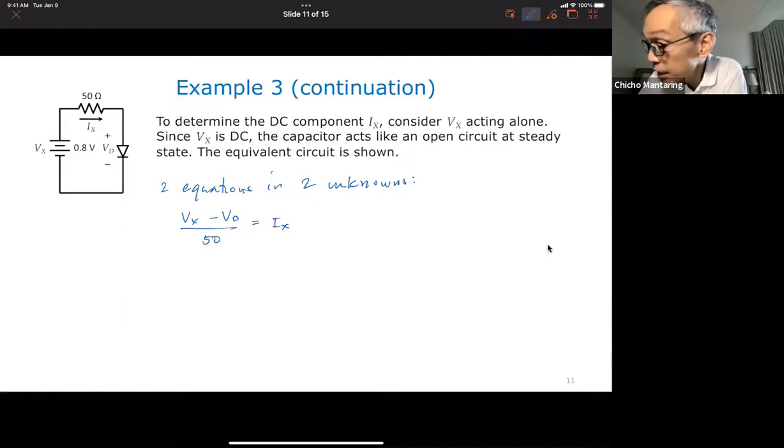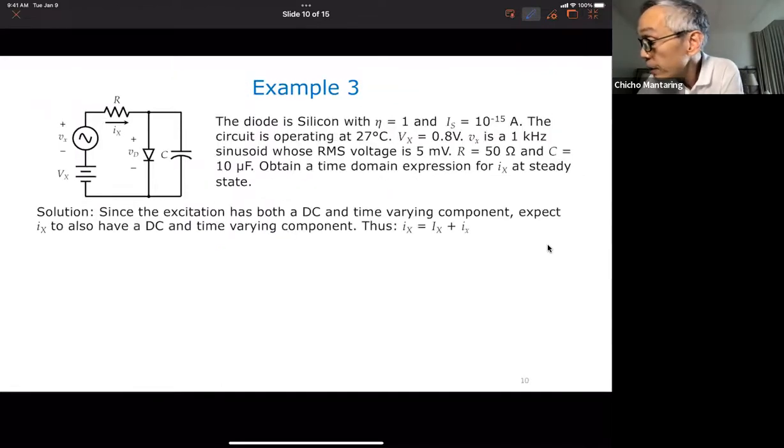So this is what I was saying earlier, that if you were using the piecewise linear model, you might just approximate V of D to be 0.7 if you know that the diode is silicon, and then you can right away come up with I sub X, no? But since here we were given the Shockley parameters of the diode, then it's implied you should use Shockley's equation.